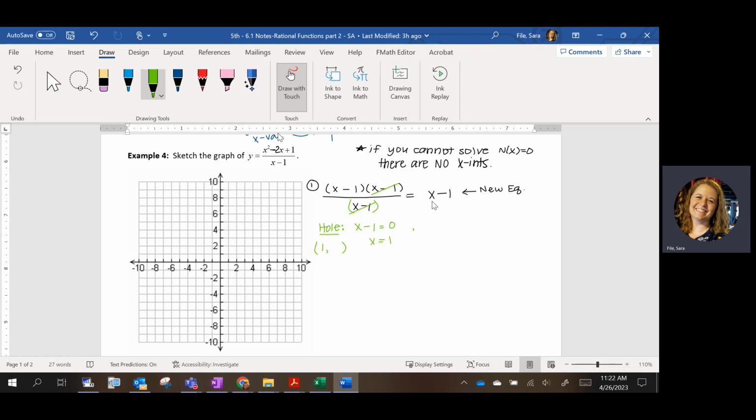I plug it into the new equation. The new equation is y equals x minus 1. So if I plug in a 1 minus 1, I get 0. So there's a hole at 1, 0. So I can go ahead and plot that. Oh, I went up 1, excuse me. At 1, 0, an open circle. That's a hole.